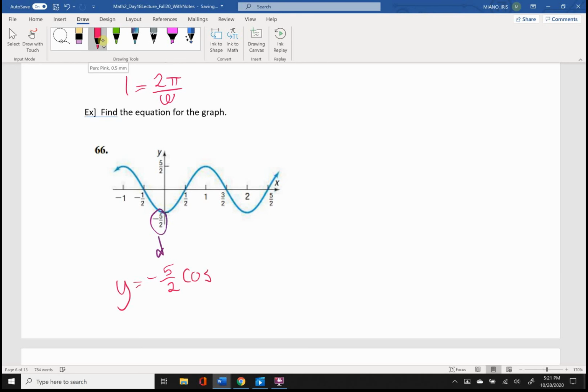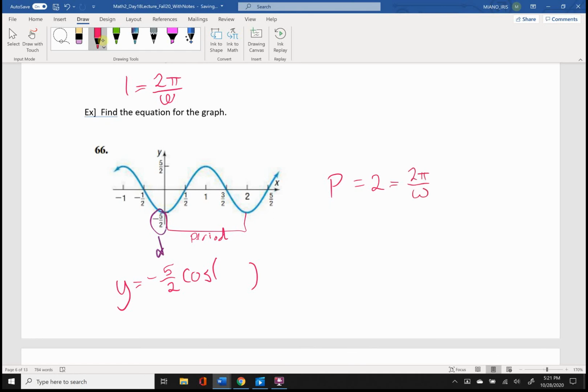The next thing I'll need to see is what the period is. Well, from trough to trough, that gives me the period. So I can see that the period is 2. Okay, so period equals 2. That equals also 2 pi over omega.